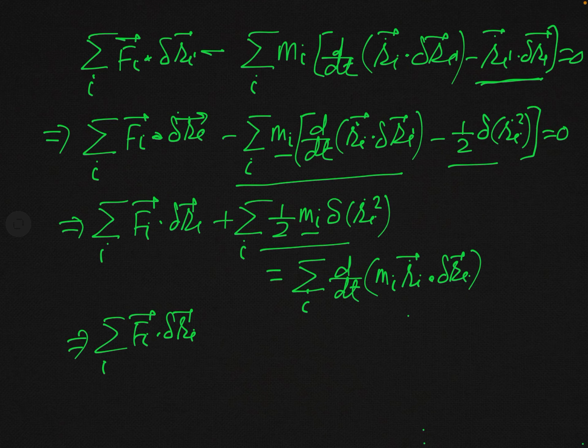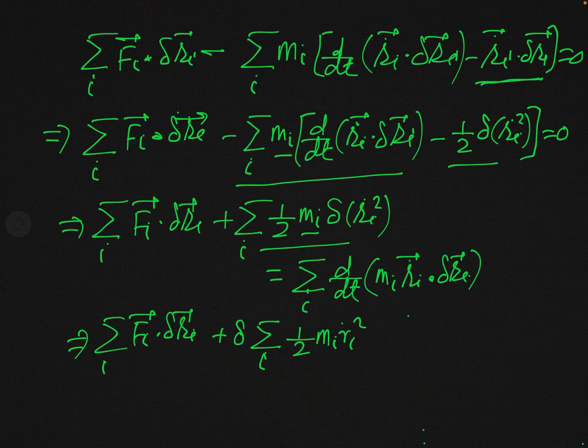So you may write the second term in this way. You can take delta variation of summation over i half mi ri dot square.